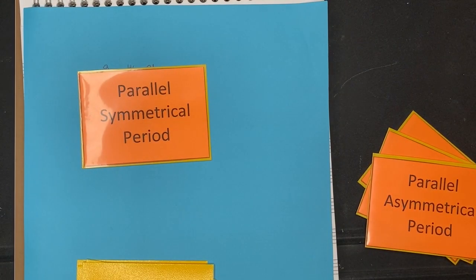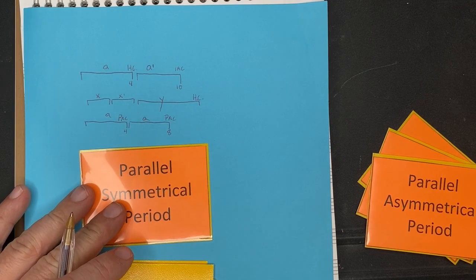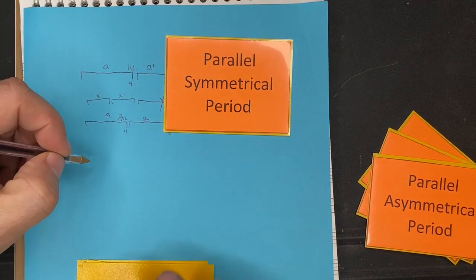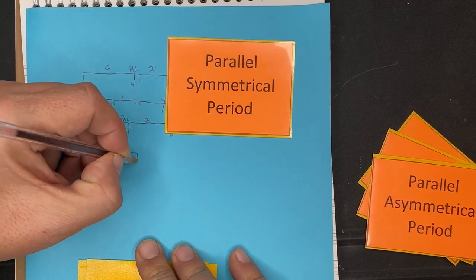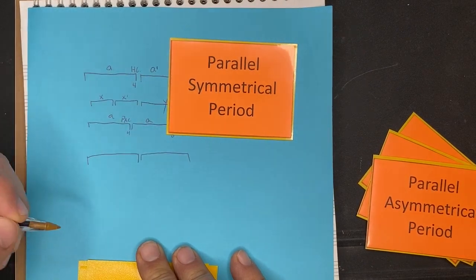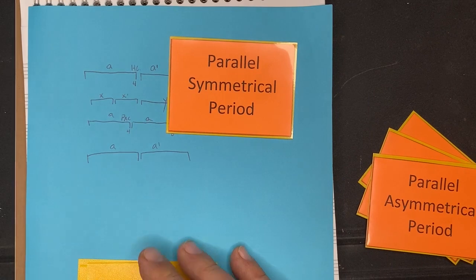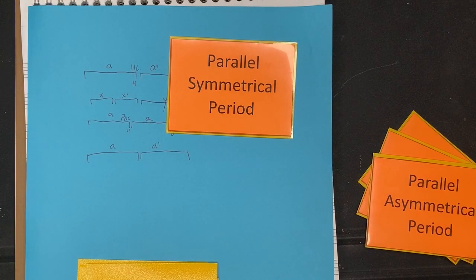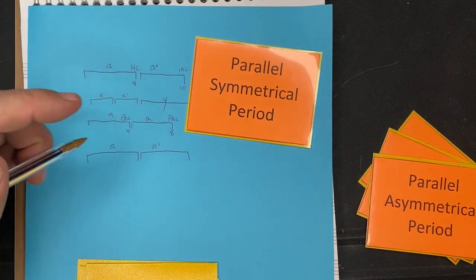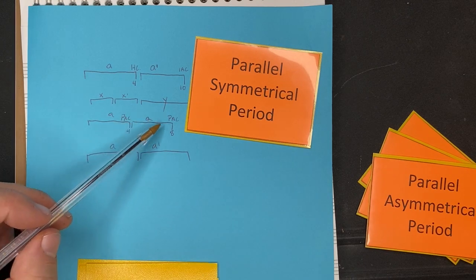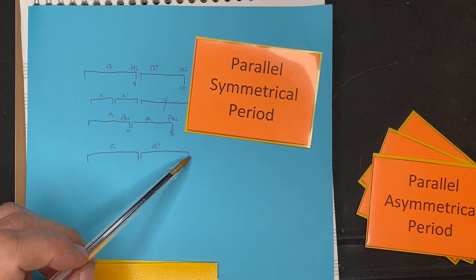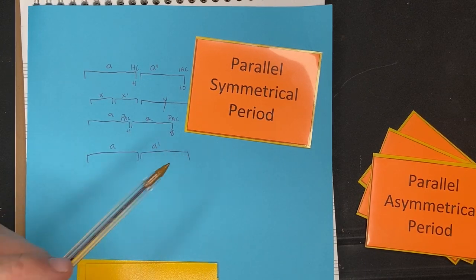A parallel symmetrical period. Well, let's deal with this again. It's a period, so let's make ourselves a question and an answer phrase, right? And parallel, A and A prime, very similar to each other, but it is a period, so different from the phrases being repeated, these are gonna have to be less conclusive and more conclusive.